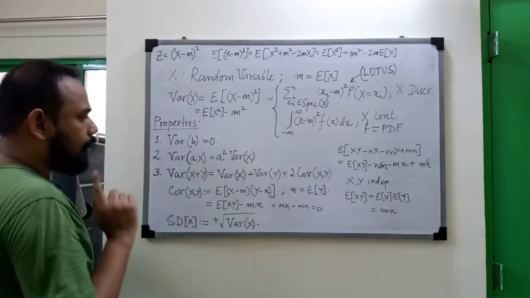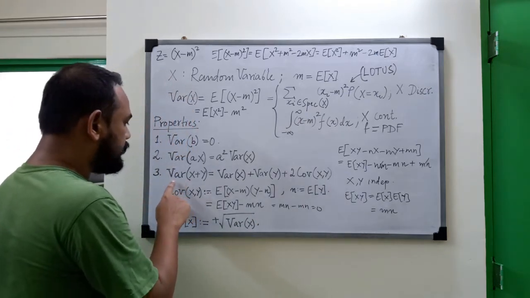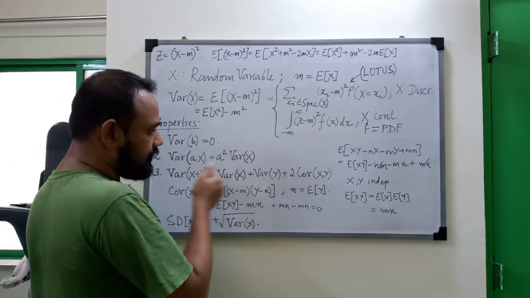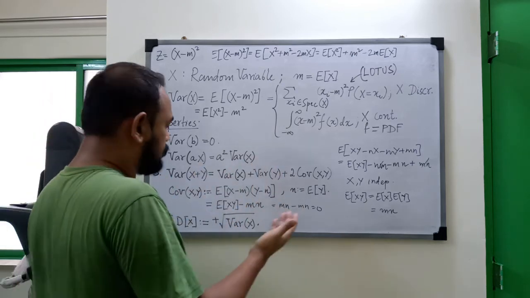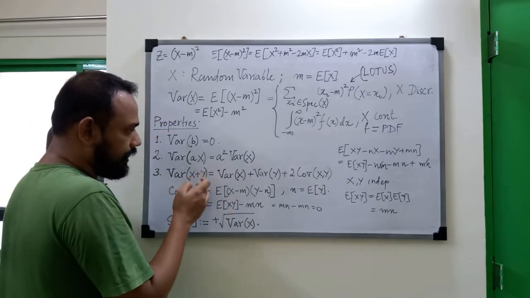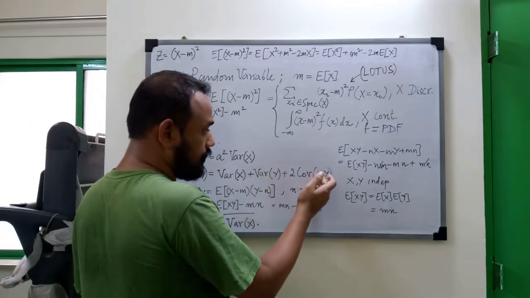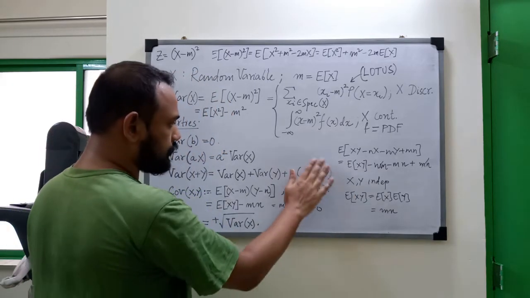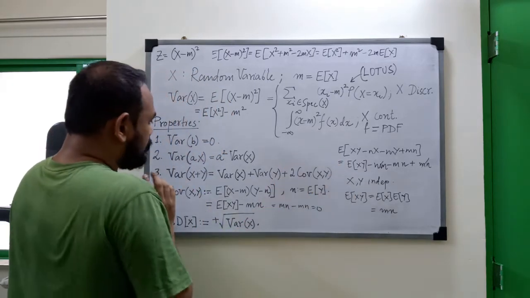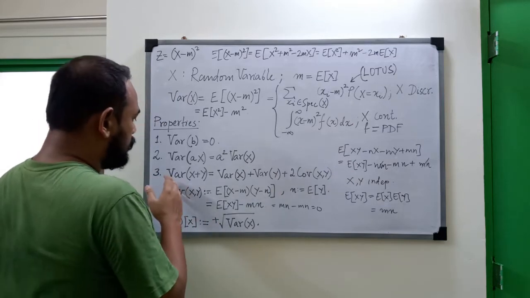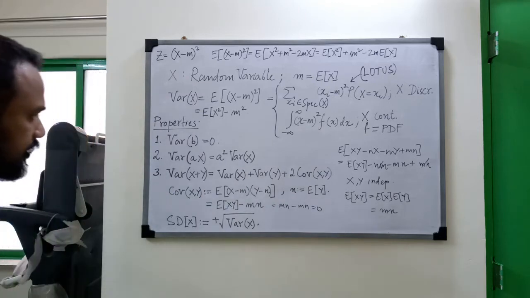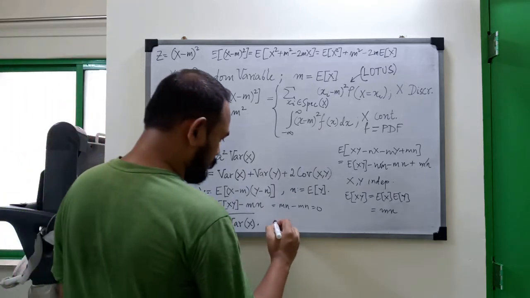So the one time when variance acts like a linear function on x and y is when the two random variables are independent of each other. In that case, the covariance is 0, so this quantity vanishes, and you have a very simple linear formula: variance of x plus y equals variance of x plus variance of y. Let me write that down.